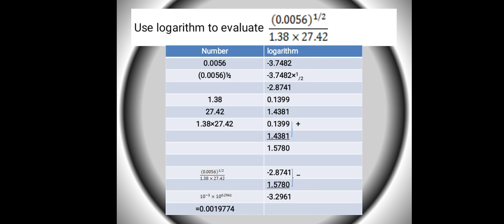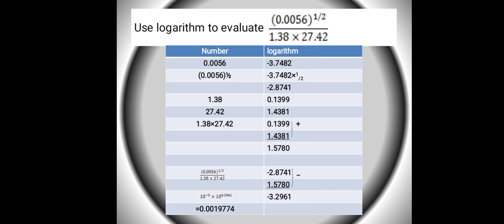The square root of that is 3.7482 multiplied by half, which becomes 2.8741.